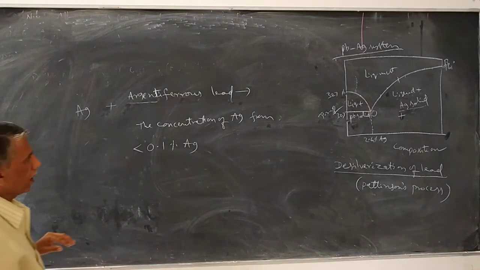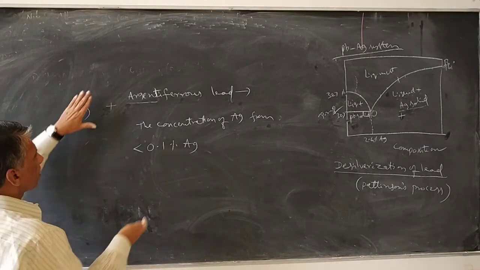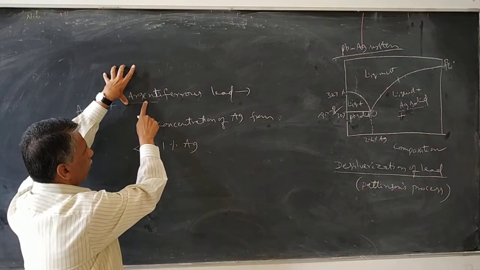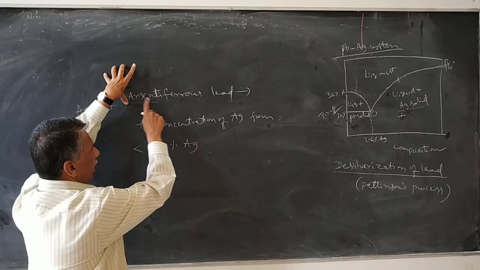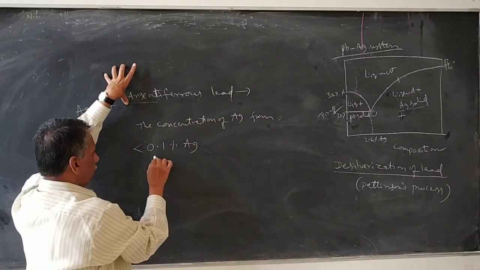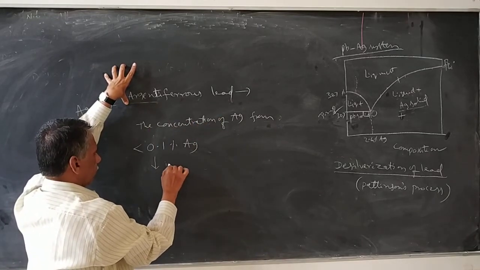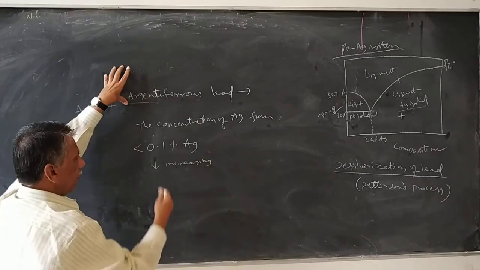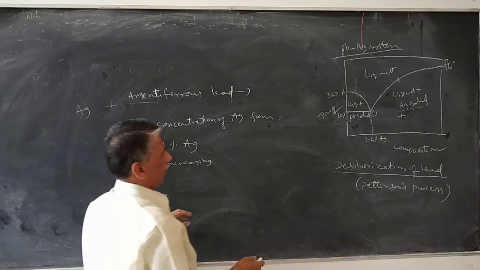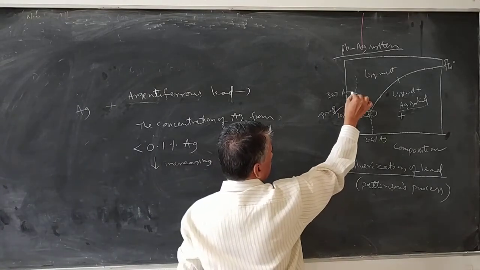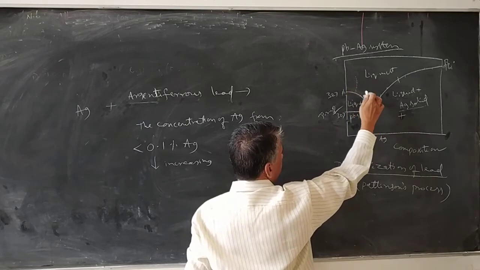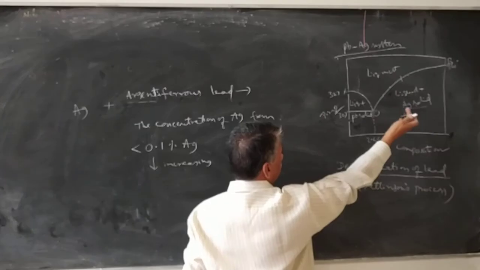Okay. At the same time, the amount of silver in the argentiferous liquid goes on increasing from 0.1%. It will decrease like this. When it decreases like this, why it decreases I told you already.